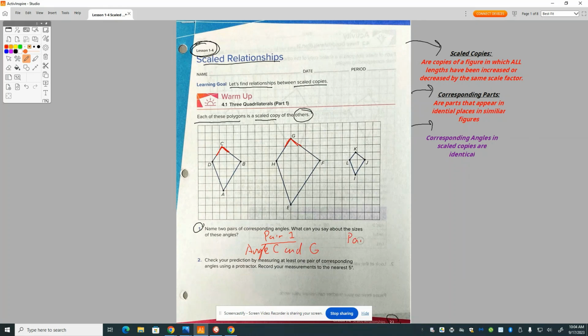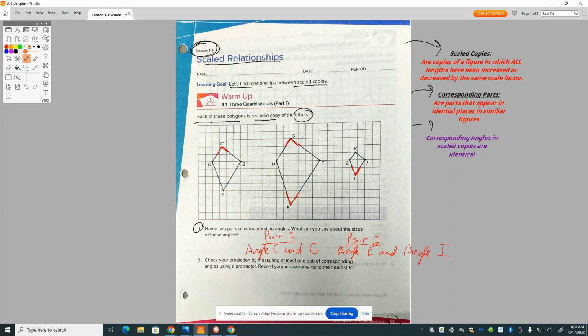Now let's go ahead and name a second pair. For my second pair, I'm going to focus on my second figure and my third figure. If I look at the bottom angle created here, that is angle E. Its corresponding angle in figure 3 would be the bottom angle as well, so that would be angle I.